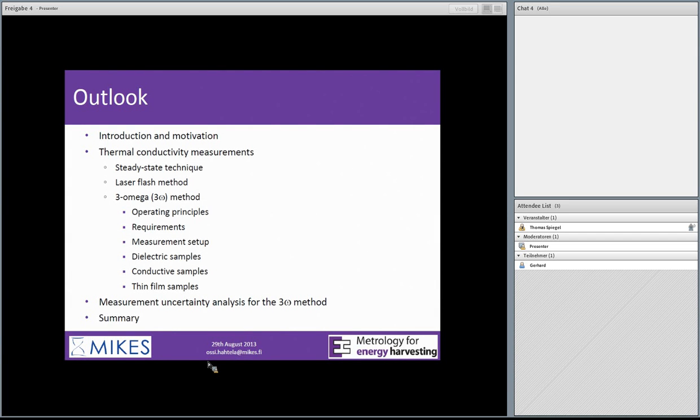Also, the measurement setup that was constructed at MIKES. I say a few words about measurement of different kinds of samples, dielectric samples, conductive samples, and thin film samples, and also show the measurement uncertainty analysis we have made for the 3-omega method, and finally do some summation.